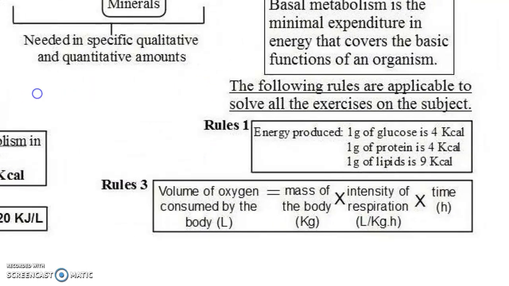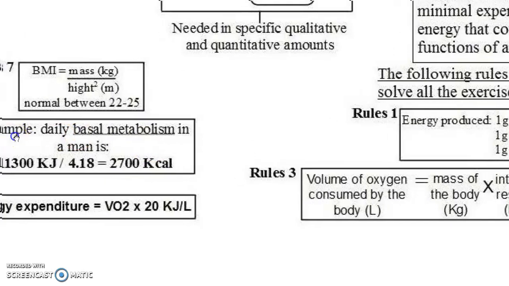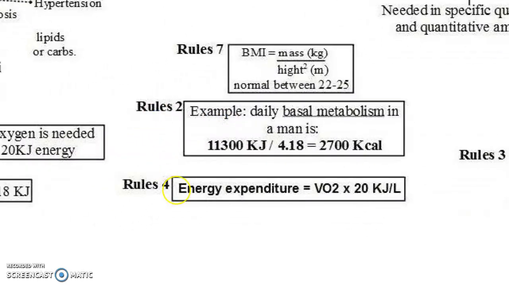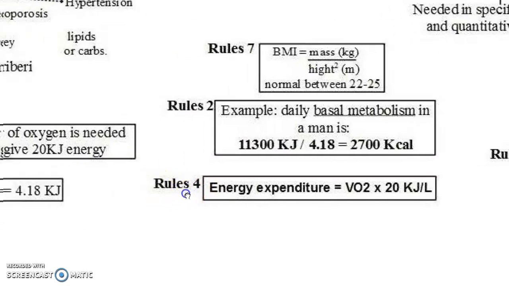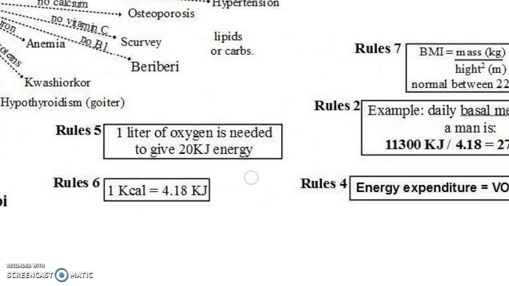The third rule states that the volume of oxygen consumed by the body in liters is equal to the mass of the body in kilograms times the intensity of respiration in liter per kilogram hour times the time in hours. The fourth rule is the energy expenditure equal to the volume of oxygen consumed times 20 kilojoules per liter. Rule 5 states that 1 liter of oxygen is needed to give 20 kilojoules of energy.